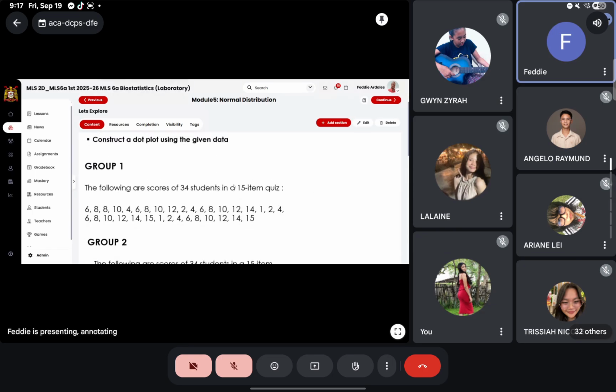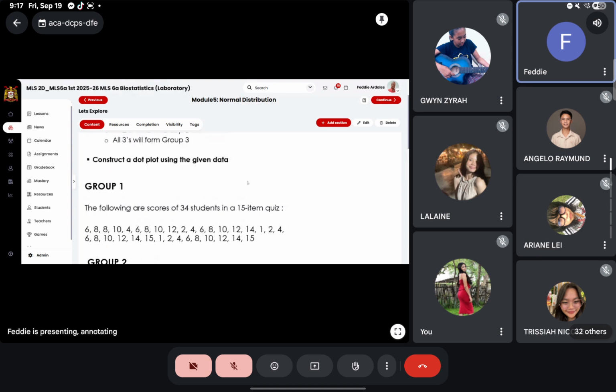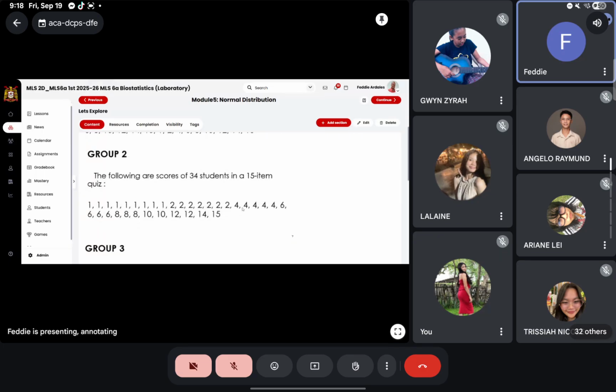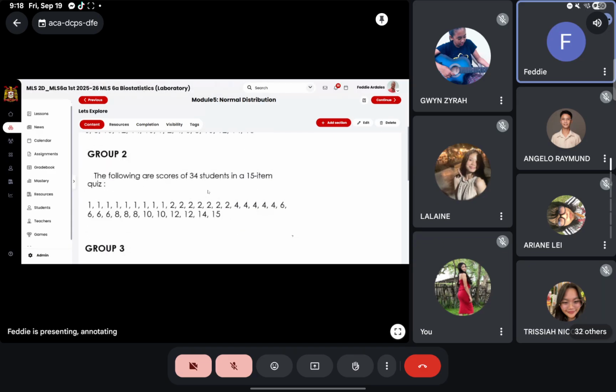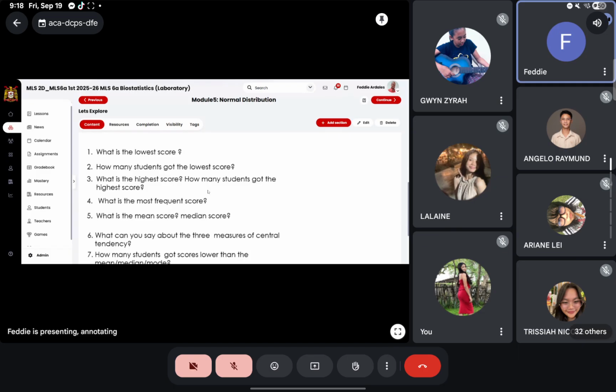For group one, we have the scores of a 15-item quiz. Also group 2, the same, and group 3. So these are the scores.